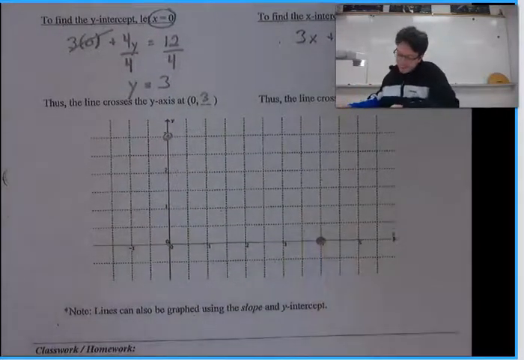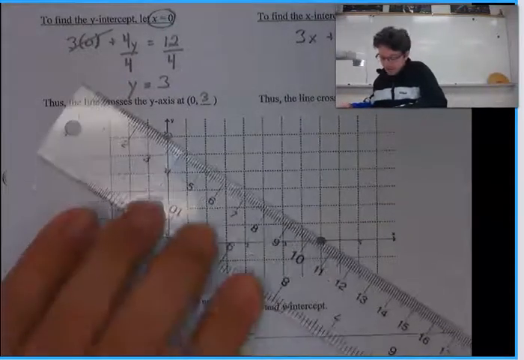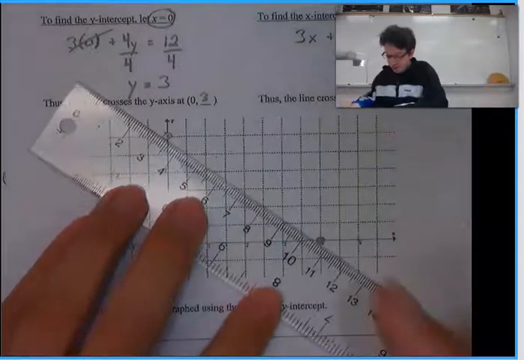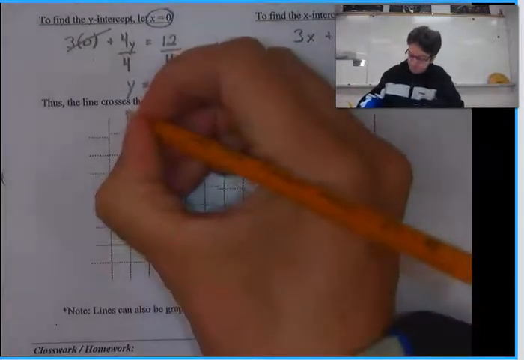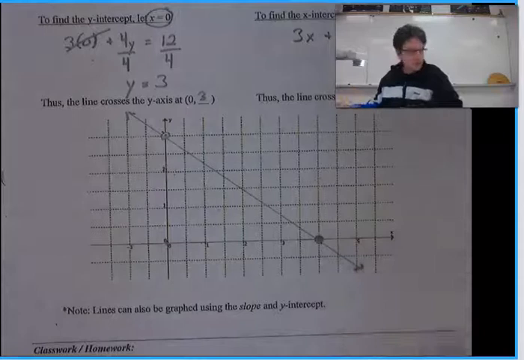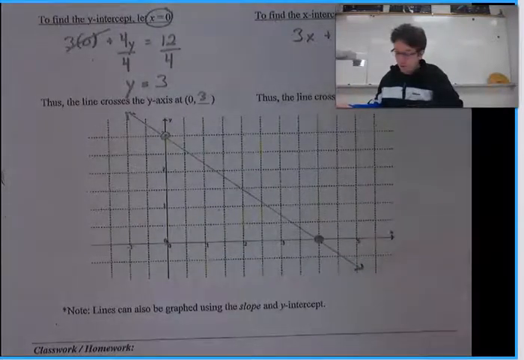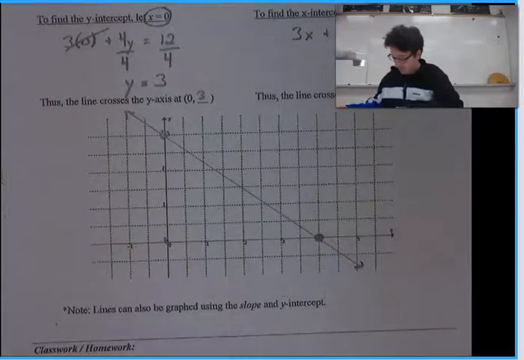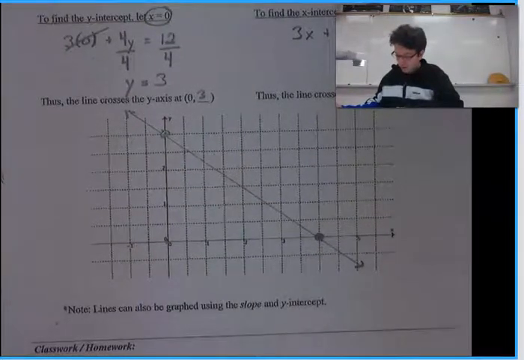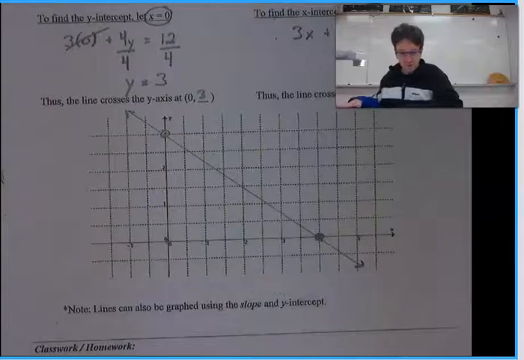And since we know this is a linear equation, linear equations are great. Once you have 2 points, then you can just connect them in a straight line. Okay, we won't be graphing linear equations, but we will be graphing quadratic equations. And finding intercepts is going to be one of the important things that we do. Right? So that's it for this lesson.